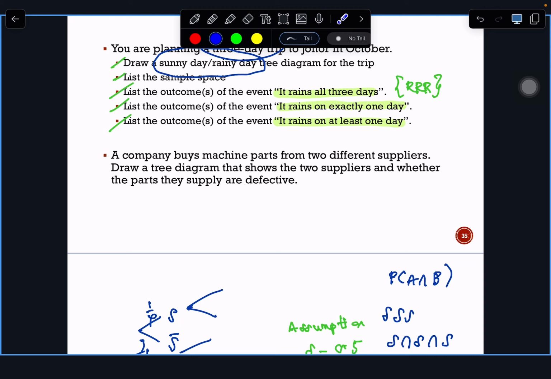That is 2. How do we label the branches? Defective and non-defective. Obviously, if you buy something, either the product is good or not. So if you label D as defective, then we can use D bar, the complement.